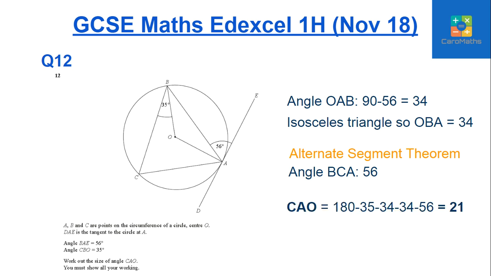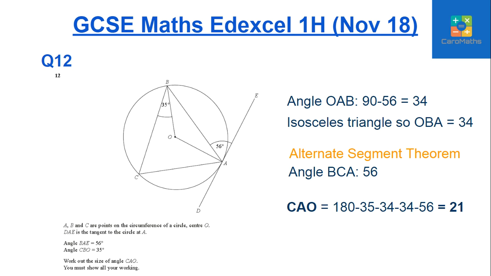Then we can work out CAO by taking 180 degrees, which is all the angles in the triangle, and then take away the angles that we worked out. So 180 minus 35 minus 34 minus 34 minus 56 leaves us with 21 degrees.